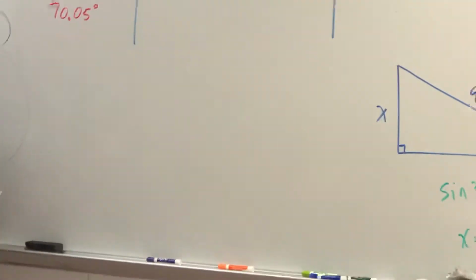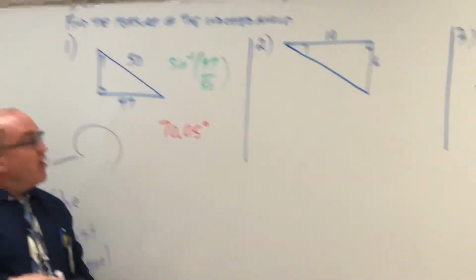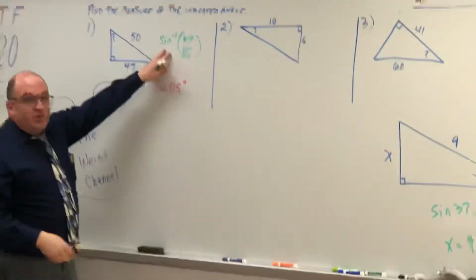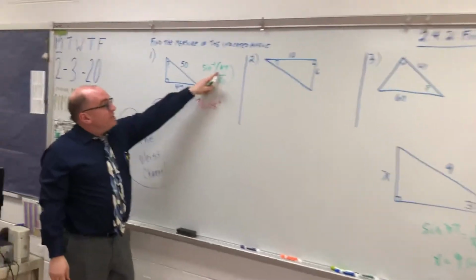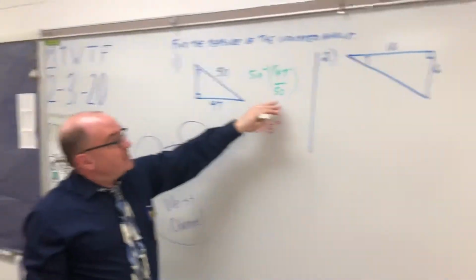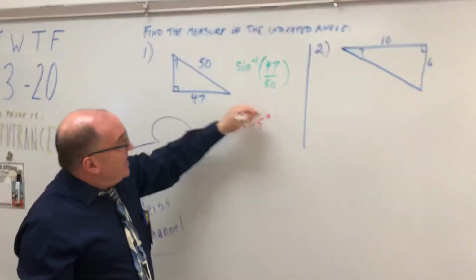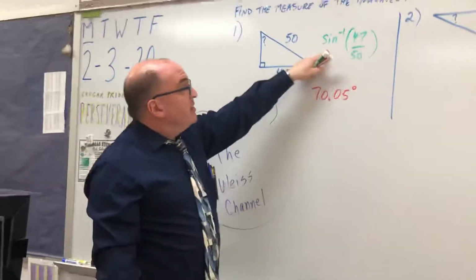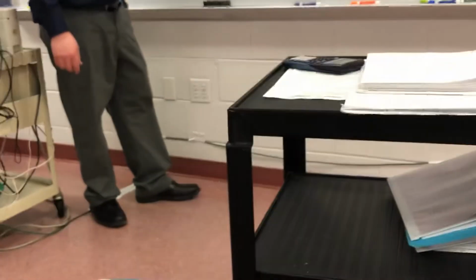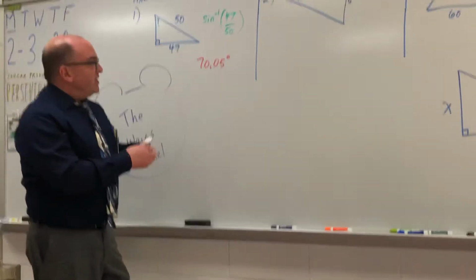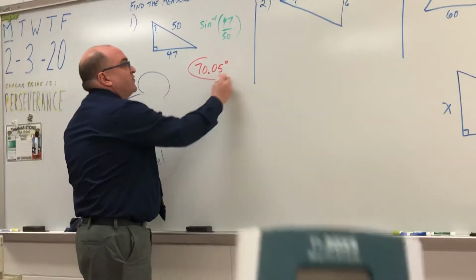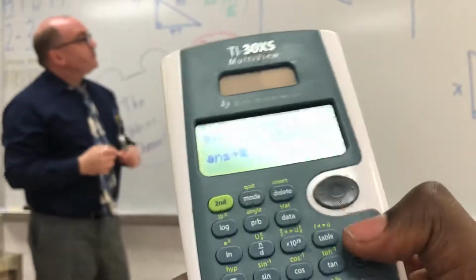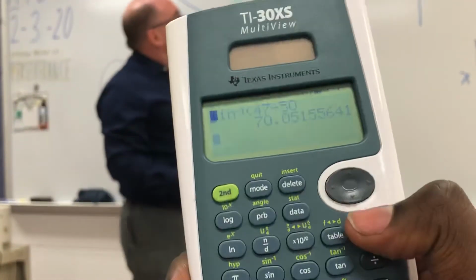If you're using a cell phone calculator or a calculator that doesn't allow you to do it like this, you'll hit 47 divided by 50 and then press equals, and then hit shift or second sine, and then you will have your 70.05. Those of you watching this video right now, please go ahead and pause to make sure you can get 70.05 degrees for this problem.